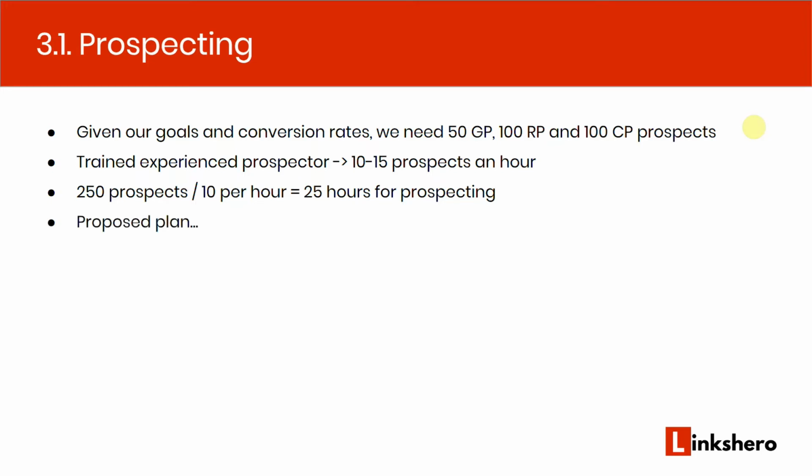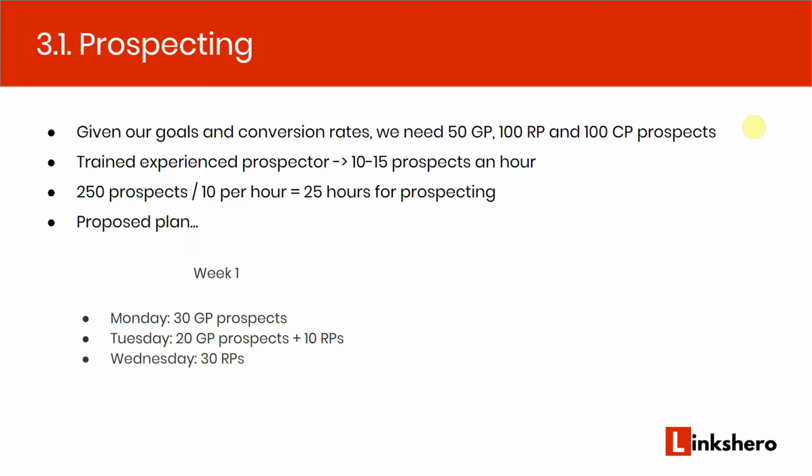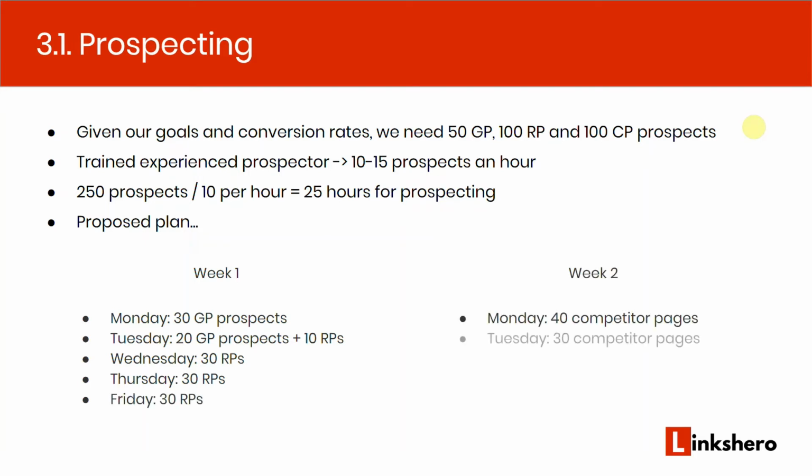And here's the proposed plan that I have for you. Week 1, we would find 30 guest post prospects on Monday, Tuesday followed by 20 guest post prospects and 10 resource pages. Then Wednesday, 30 resource pages, Thursday, 30 resource pages, Friday, 30 resource pages. Second week, 40 competitor pages, then 30 competitor pages, Wednesday, 30 competitor pages.